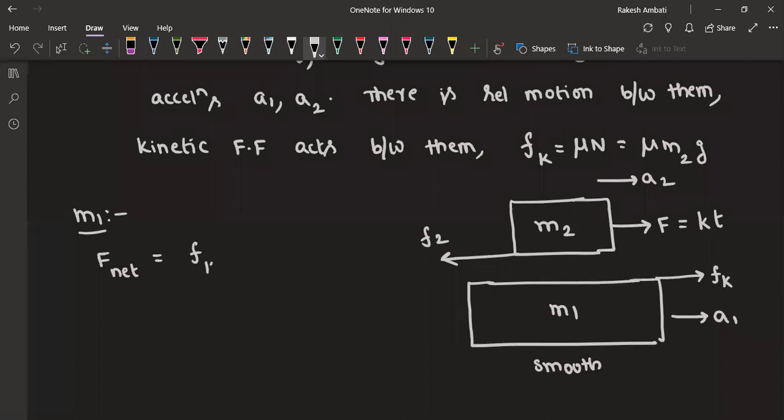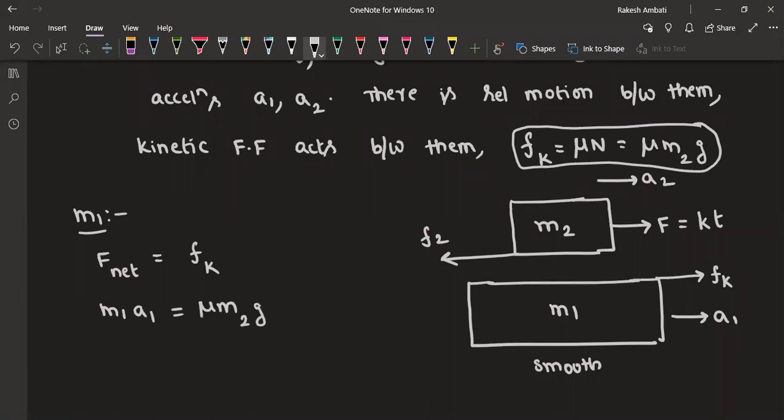The only force is Fk. Resultant force means mass into acceleration, mass M1, acceleration A1. And what is the Fk value? Already we have mu M2g. From this equation, we find A1 equal to mu M2g upon M1.